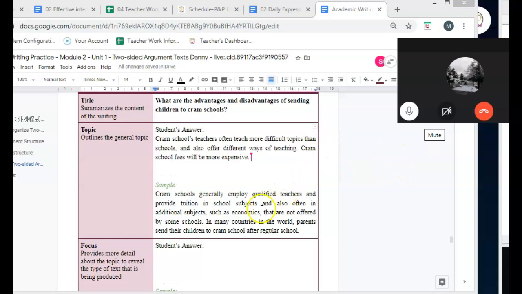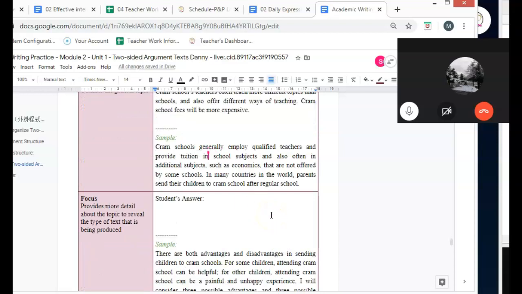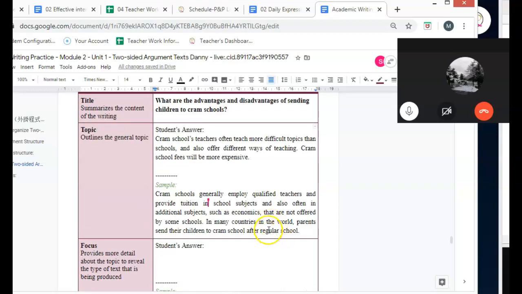Alright, next. Please read the sample first. Private schools generally employ qualified teachers and provide tuition in school subjects and also often in additional subjects such as economics that are not offered by some schools.